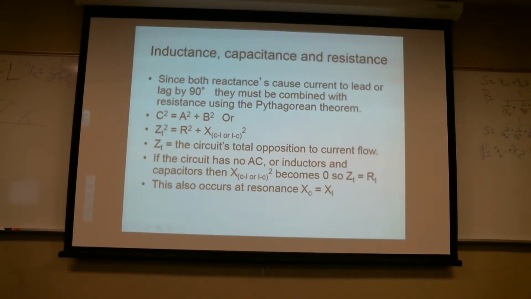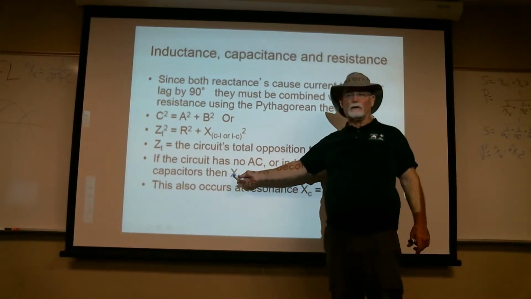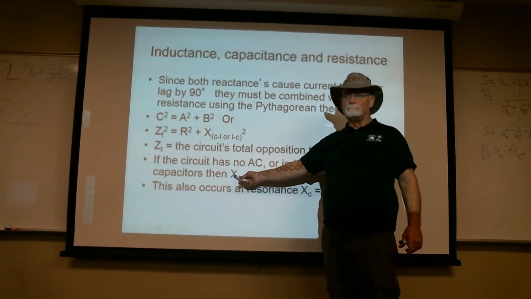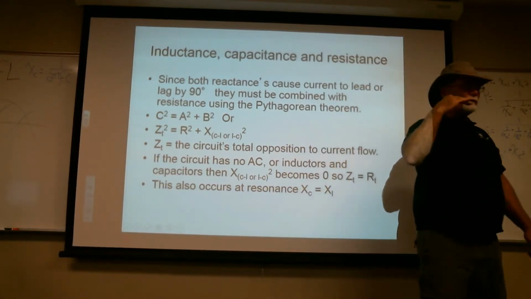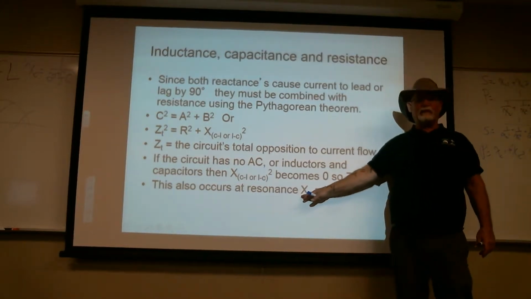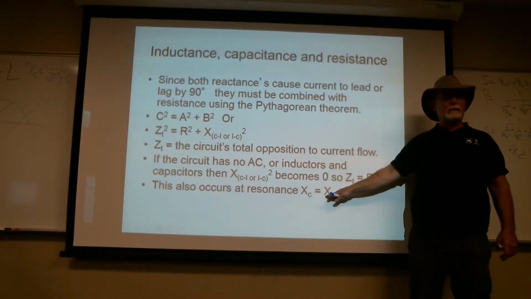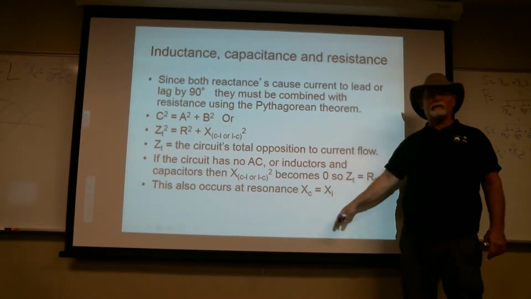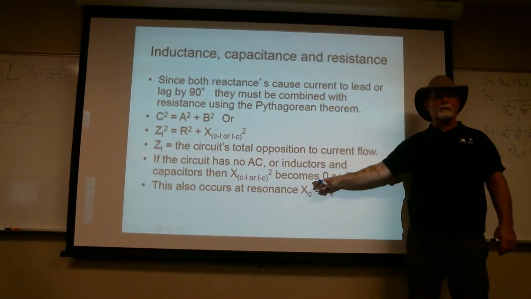If the circuit has no AC, the value of X sub C will go to 0. Or if the frequency is such that when I calculate X sub C and X sub L, they are the same, then it still goes to 0, because this minus that, when they're the same, equals 0.